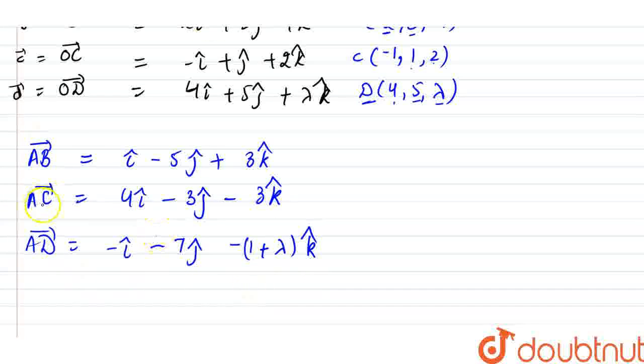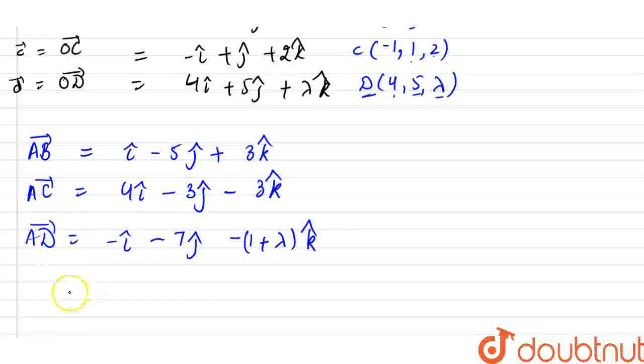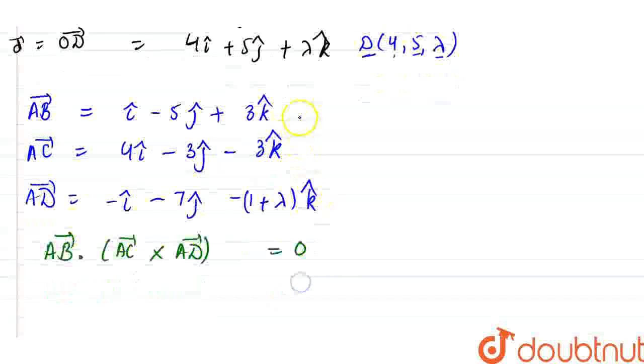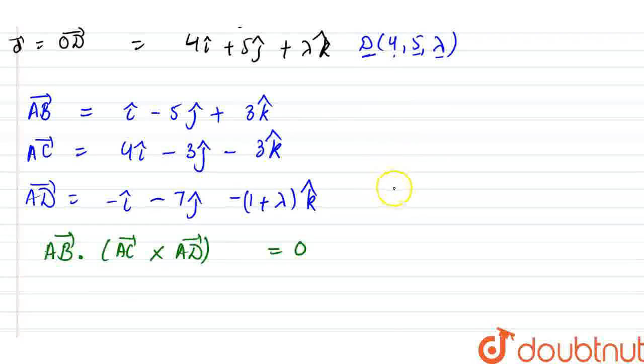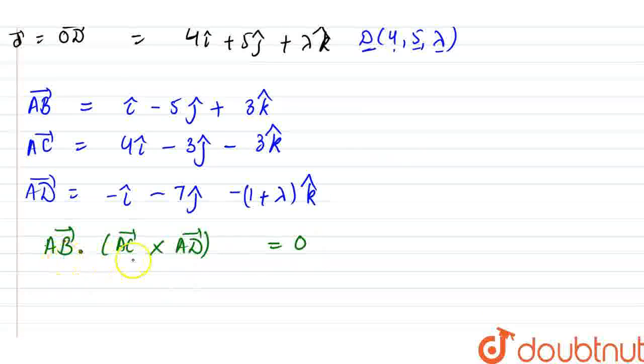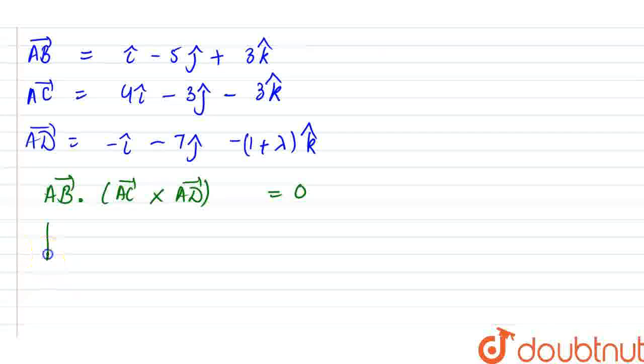Now since AB, AC, AD lie on the same plane, and we know if three vectors lie on the same plane, then their determinant will be 0. So if we find out the scalar triple product, that is AB dot AC cross AD, the scalar triple product for the three vectors which are coplanar is 0, and scalar triple product in the Cartesian form gives the determinant of the components.